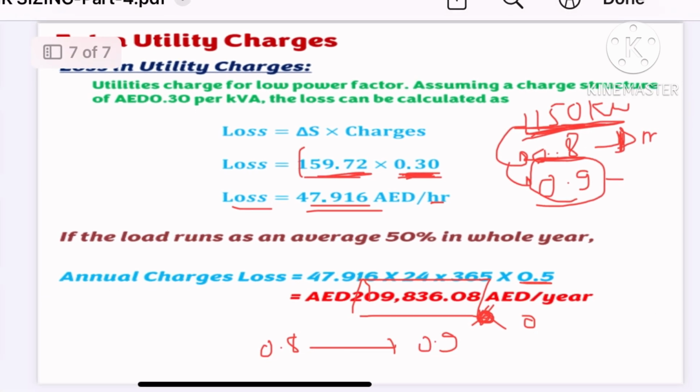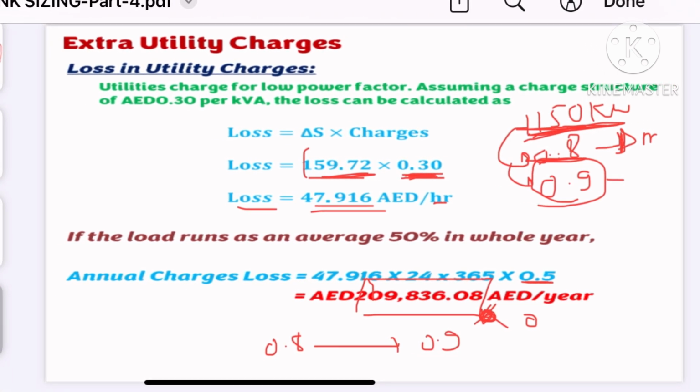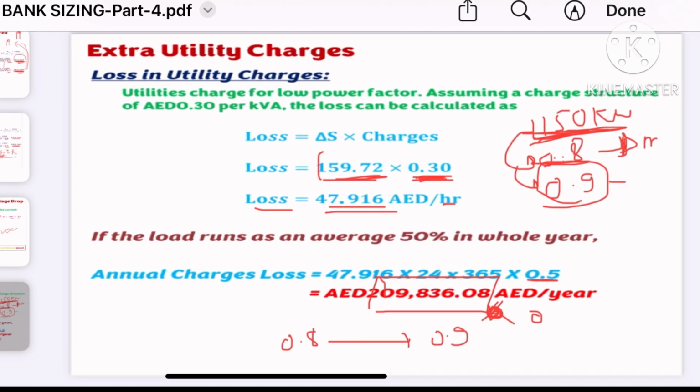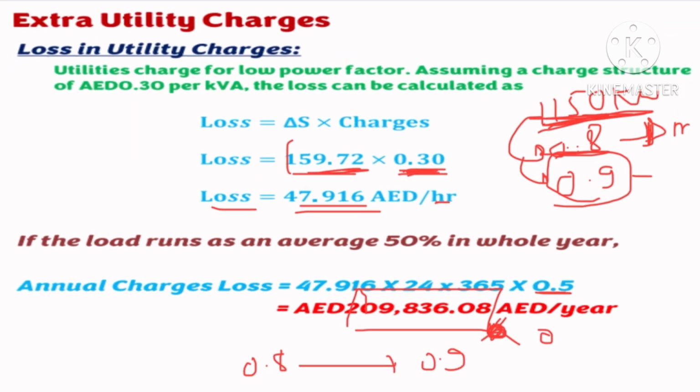We have to pay extra around 200,000 dirham per year, which is huge money. So if we improve the power factor from 0.8 to 0.9, then we can save this 200,000 every year. So this is a big achievement.